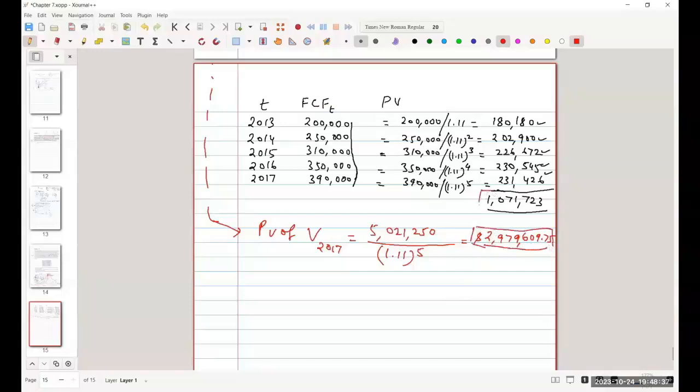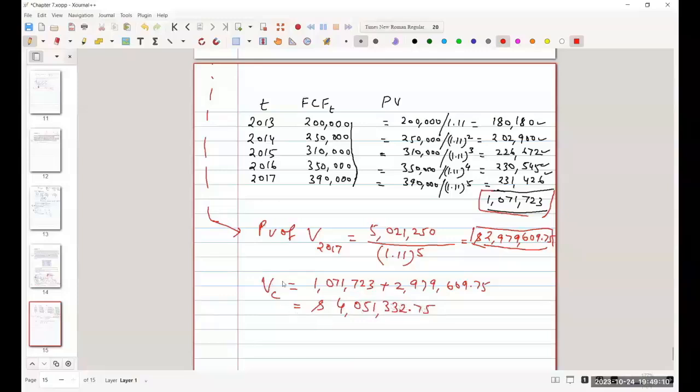This is what you had gotten from the first half of the timeline, right? So just add the two up to get the full value of the company. This will give us 4,051,332.75.